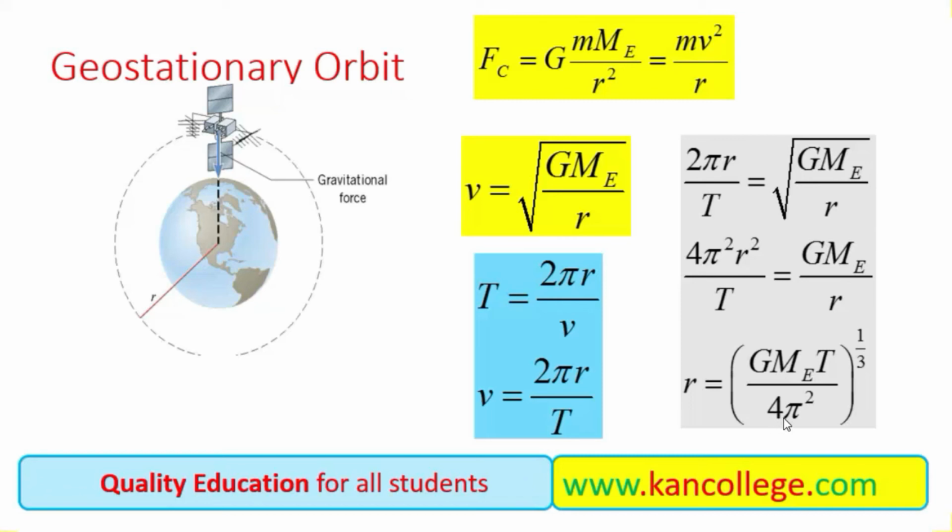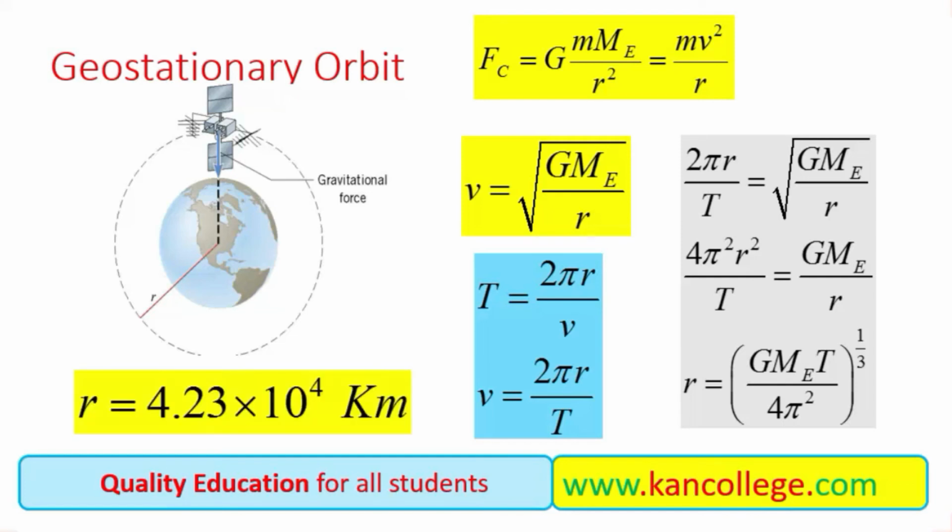So putting the values of all the parameters, we get the value of the radius at which a body will rotate with a time period of 24 hours. By changing the radius, the time will change.